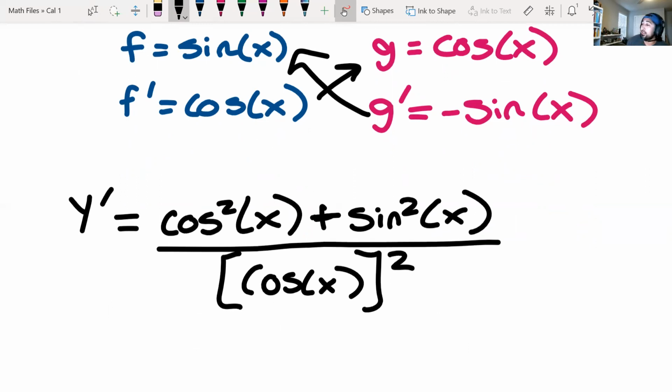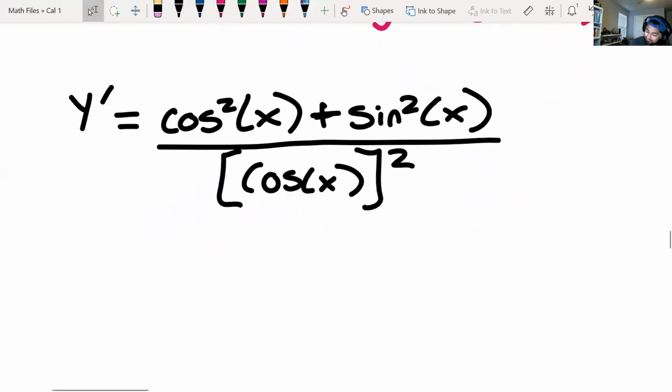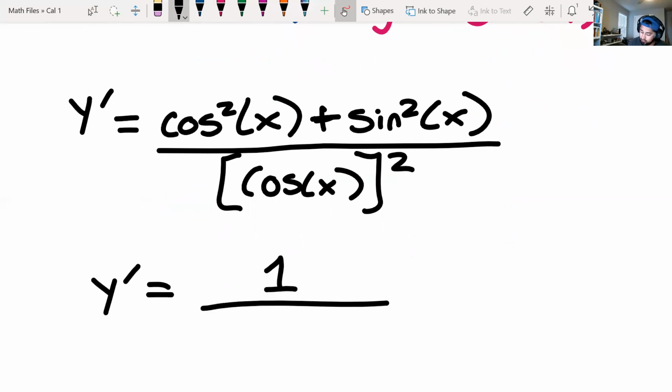Now here's where you come in, Amanda, because what's cosine squared plus sine squared? It's a double angle formula, right? I'm just kidding. It's one. So cosine squared plus sine squared, we know, is 1. So we get 1 over cosine squared x, which is what other identity?